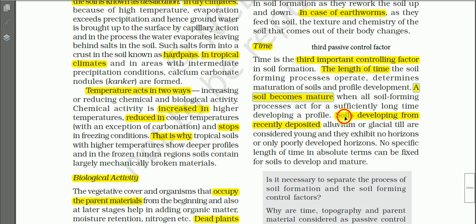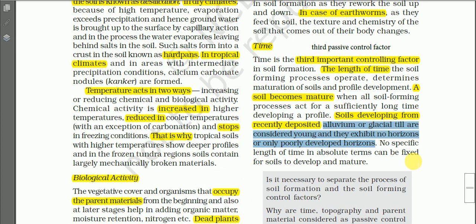Soils developing from recently deposited alluvium or glacial till are considered young and exhibit no horizons. If the soils are young, then you may not find horizons, you may not find layers in the soil, or the horizons may be poorly developed.